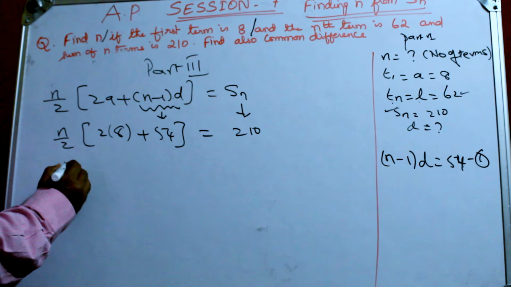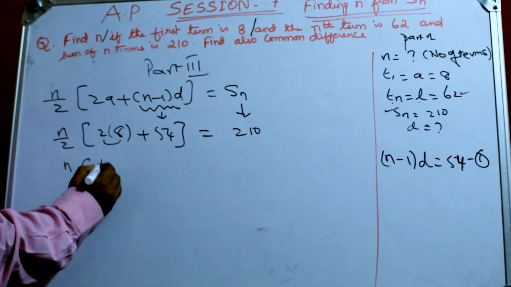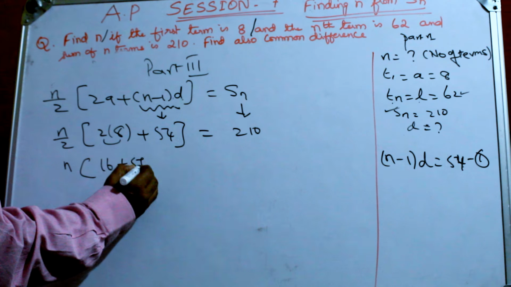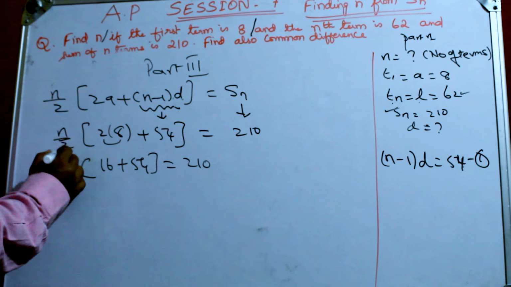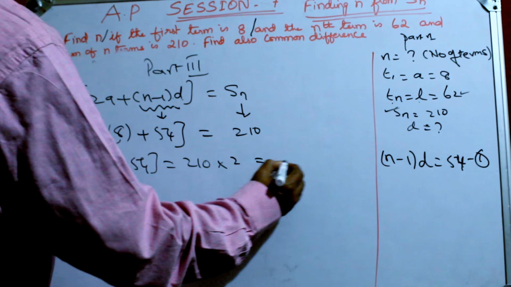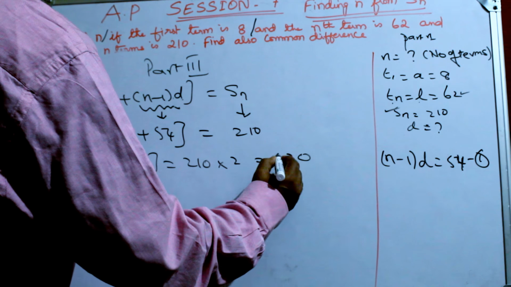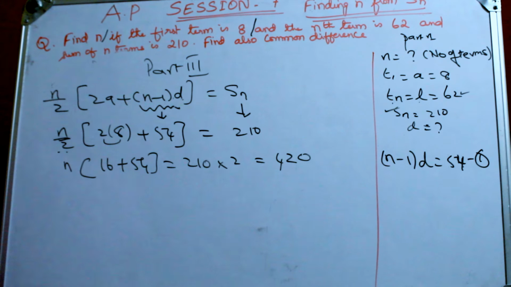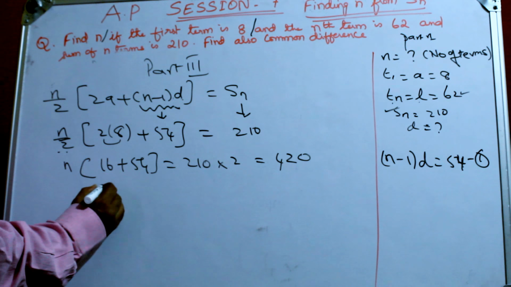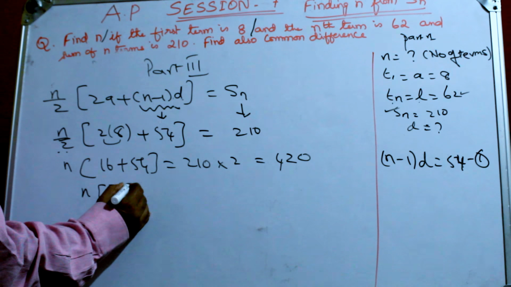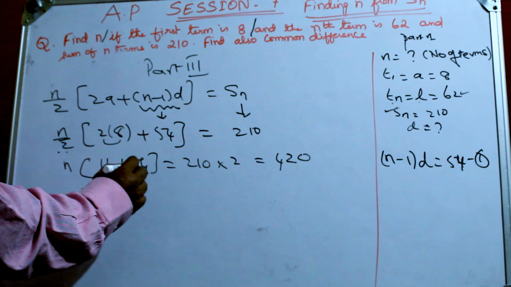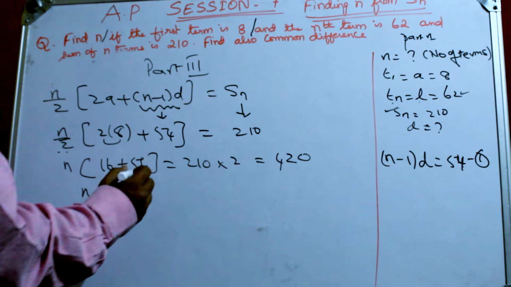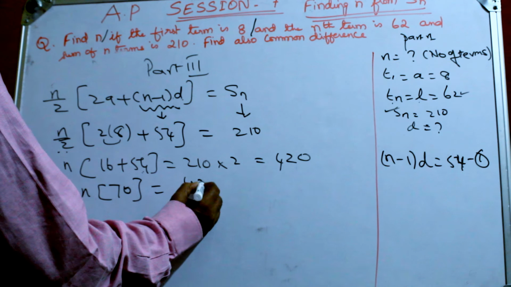So n into, look here, 8 twos are 16, plus 54, is equal to 210. This 2 is dividing, it will go and multiply, so you get 420. Now n into 16 plus 54, which is nothing but 70, is equal to 420.